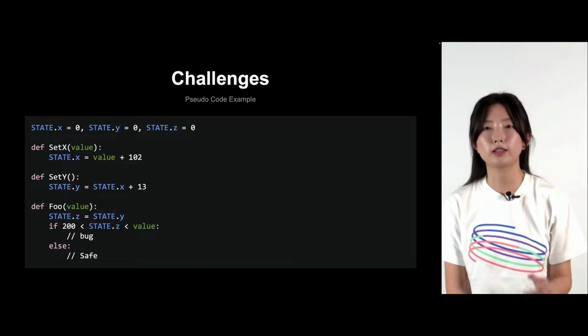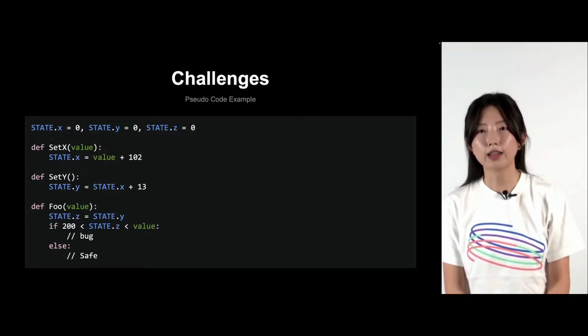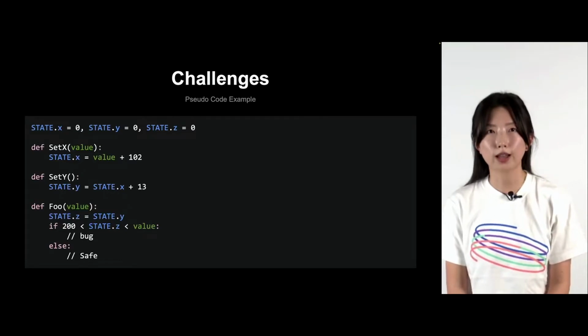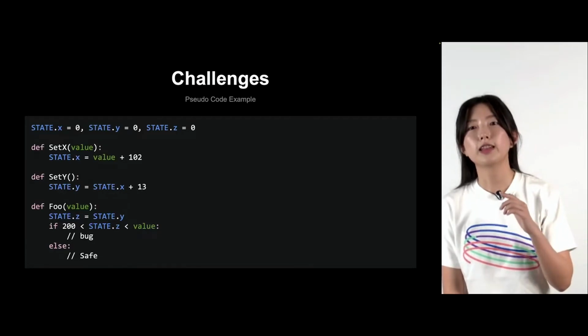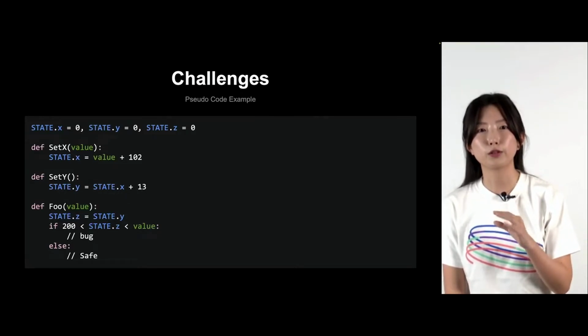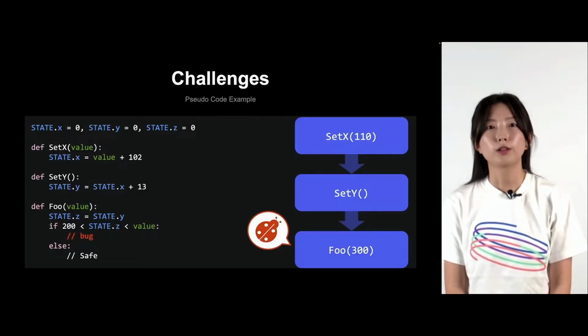To trigger the bug, we have to have the right state Z value. But in order to change the state Z value, we need to change the value of state Y. The function that updates the state Y value is the setY function. And looking at it, in order to change the value of state Y, you need to change the value of state X. So in order to trigger the bug, you have to call the functions in the following sequence.